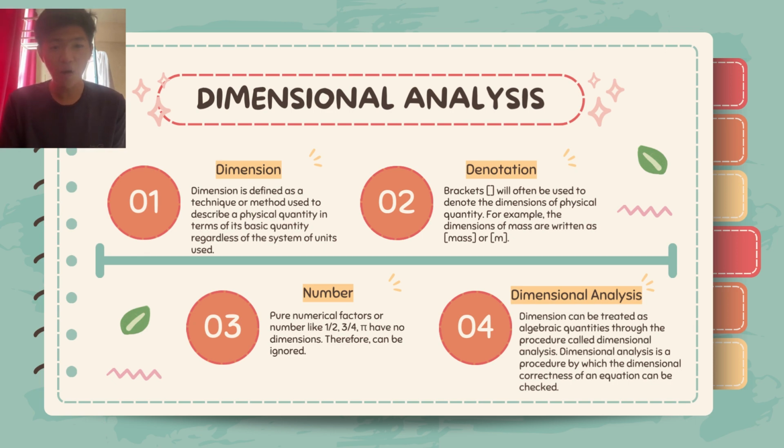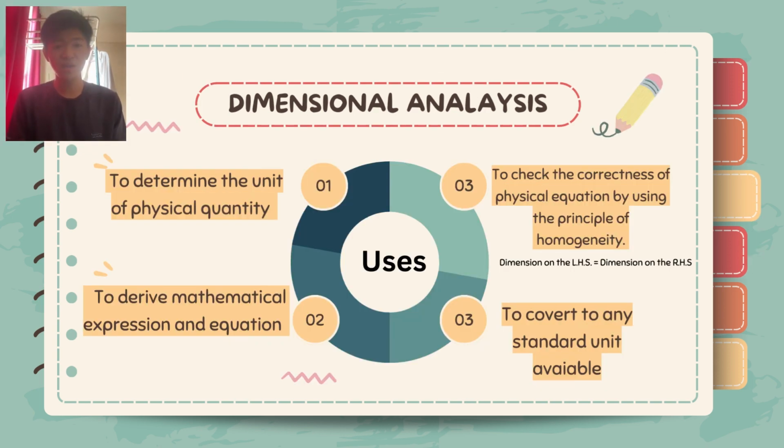Thus, in the overall picture, dimensions can be treated as algebraic quantities through a procedure called dimensional analysis. Dimensional analysis is a procedure by which the dimensional correctness of an equation can be checked with its correct unit. There are some uses of dimensional analysis.